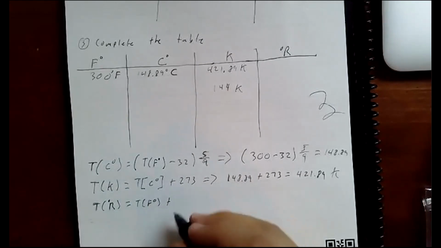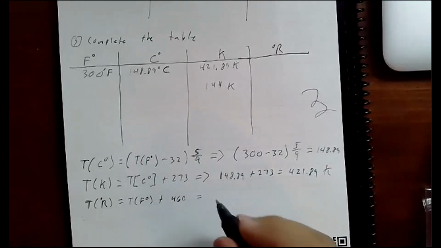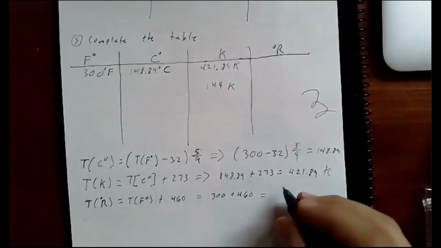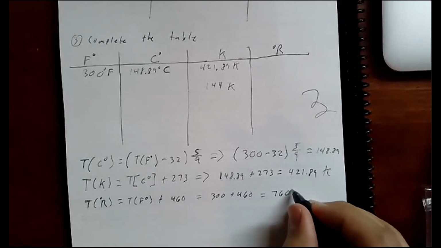So we have currently 300, right? Plus 460. So that'll be what? Rankine.